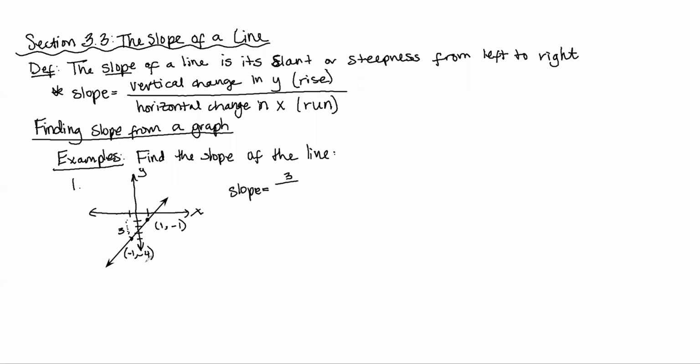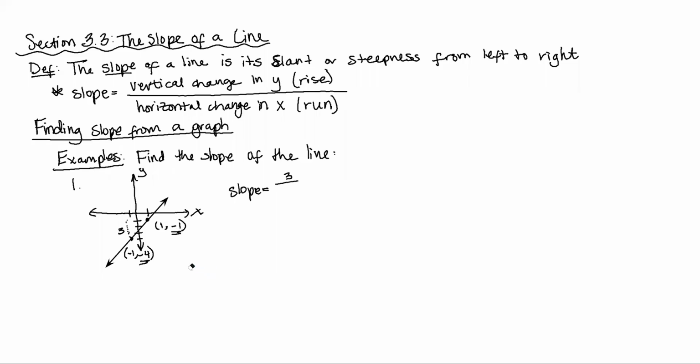We went from -4 up to -1. To find the difference of those, remember difference is subtraction. So if we subtract those, -1 minus -4, we get 3, and we'll talk about why it's positive versus negative when we get to some other examples.